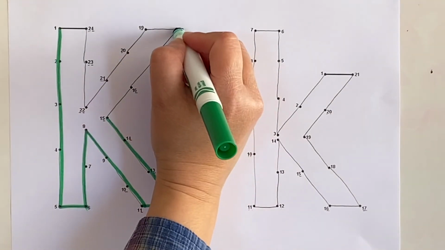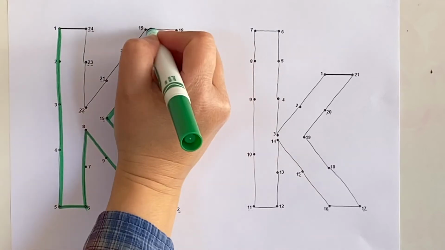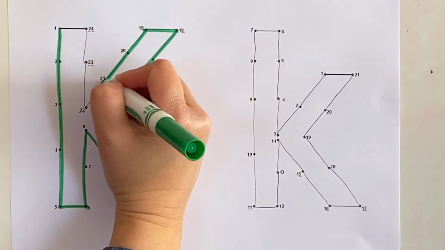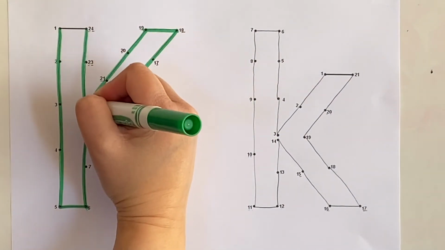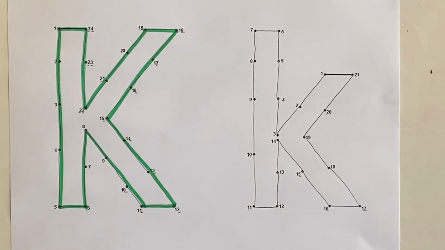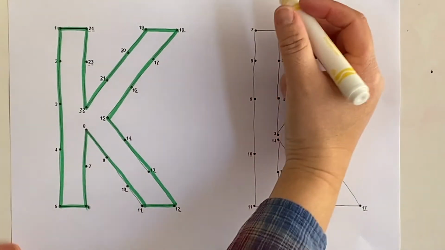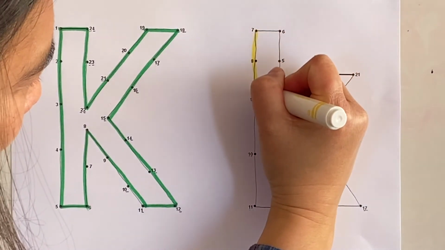There we go. That's my uppercase K. And what color should be lowercase k? Yellow? Okay. Let's see. There we go.